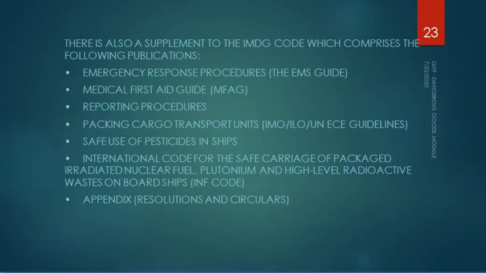For instance, the IMO, ILO, they all have their guidelines. Then how to safely use pesticide in ships. You have to spray some areas when you realize that there are some rodents or anything that are worrying you. How do you have to use it? They are all stipulated here.